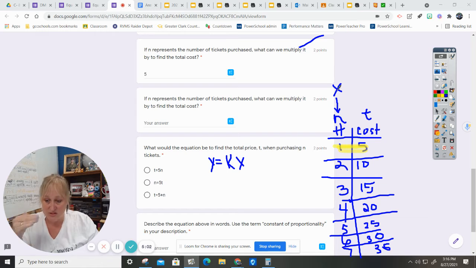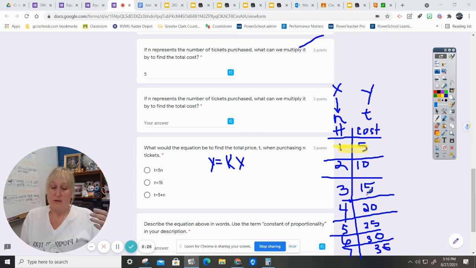It is going to just change all by itself. But it affects my dependent variable, which is the cost. So that makes sense. My independent variable is how many tickets I buy, but how many tickets I buy is going to change my cost. So therefore one is dependent on the other.